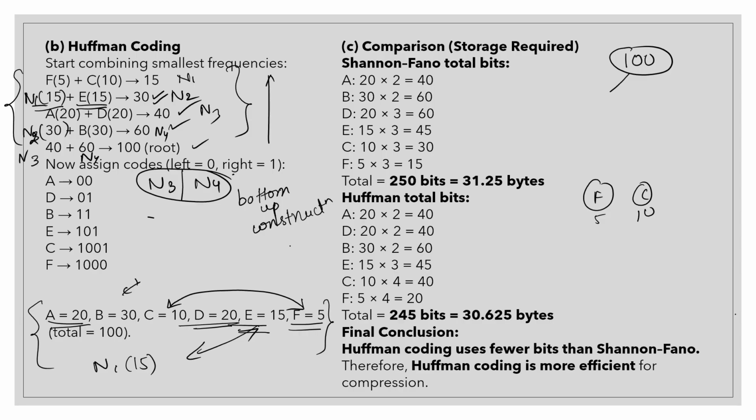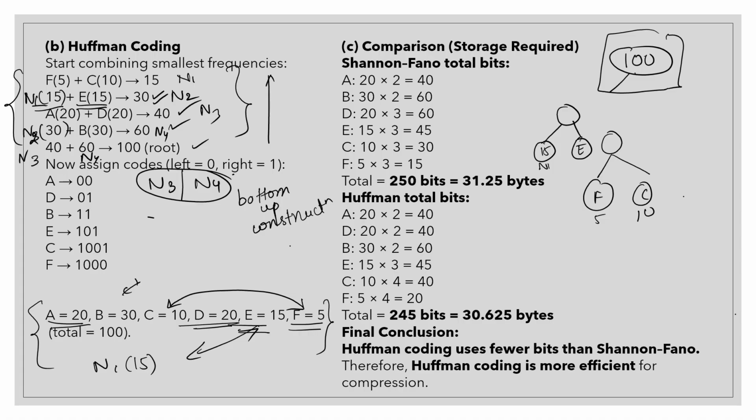Then N1 is 15 and E is also 15. Similarly, you'll form the tree and you'll get the root node also. This sum criteria should be fulfilled. This is the major thing to note.